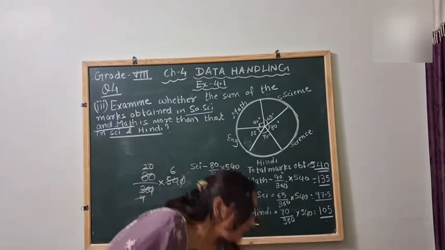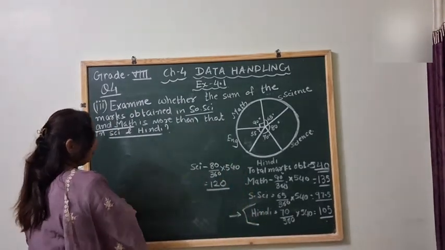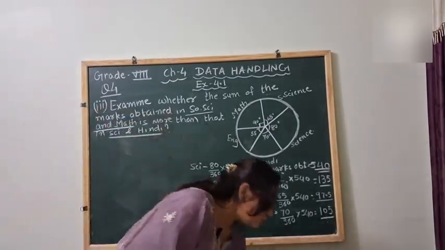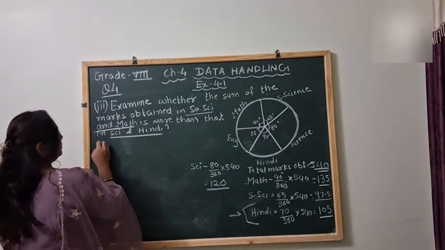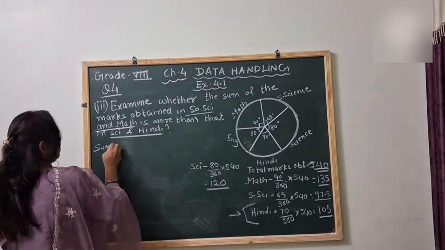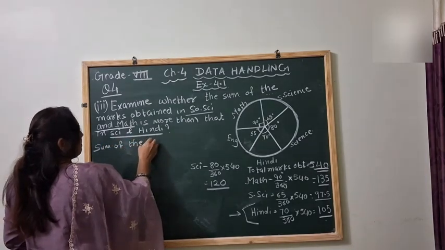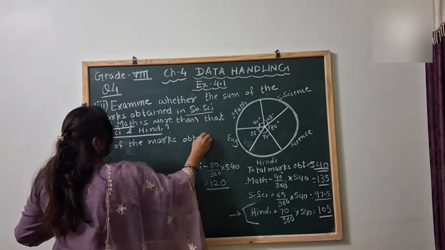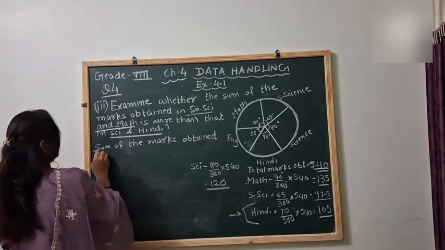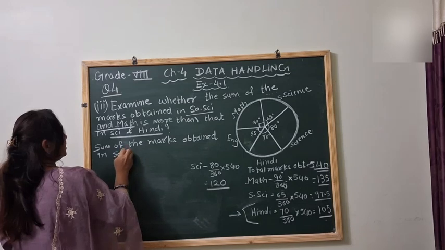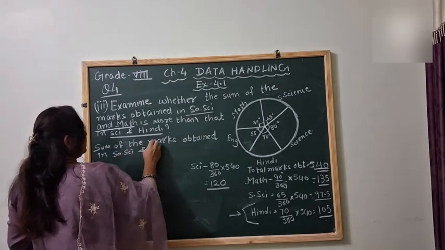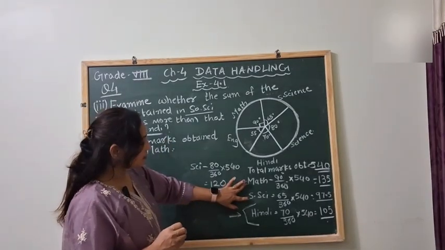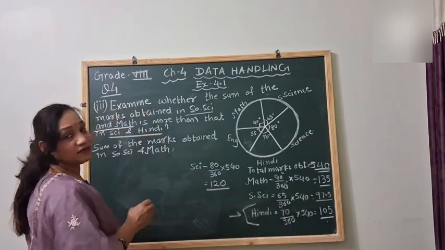Okay, so now what we will do, first add up the sum of the total marks obtained in social science and maths. How much? Social science and math, 135 plus 97.5.